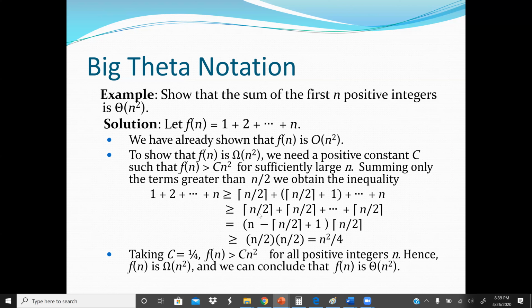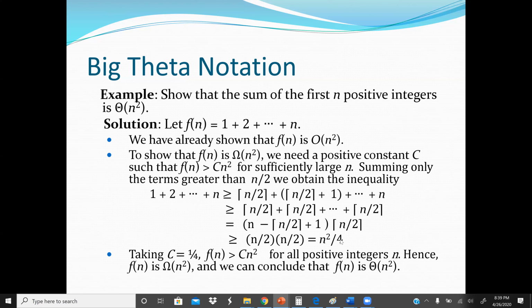So that will be greater than n by 2 plus n by 2 plus n by 2, and in all we get n squared by 4. Since we have, again, n times, in general, this section will averagely give us n by 2 times n by 2, which will be n squared by 4.